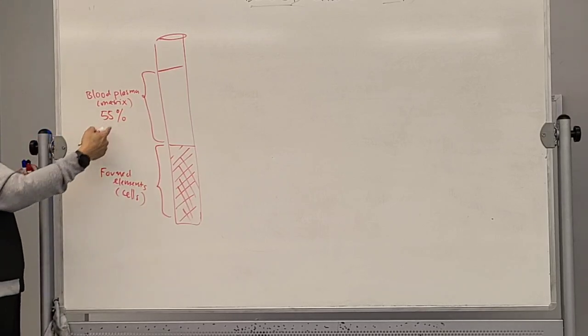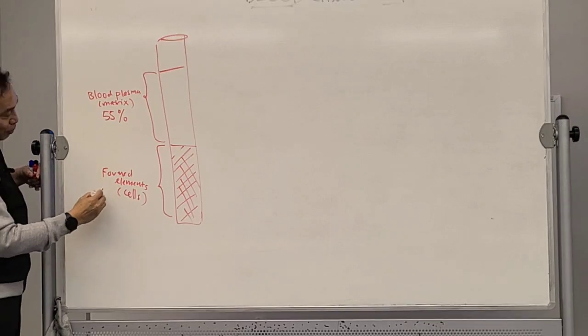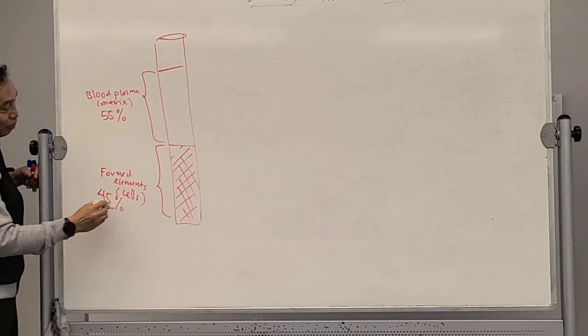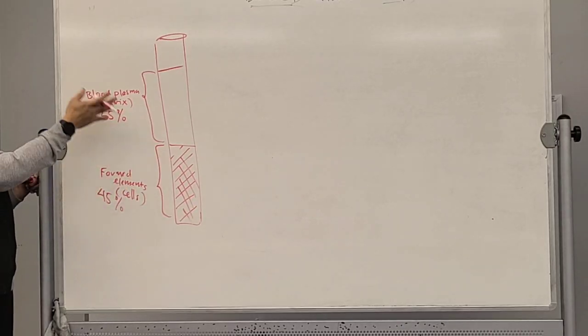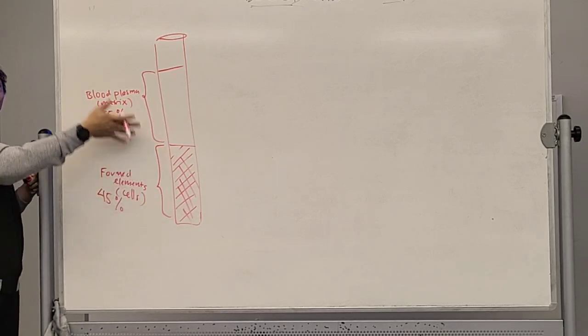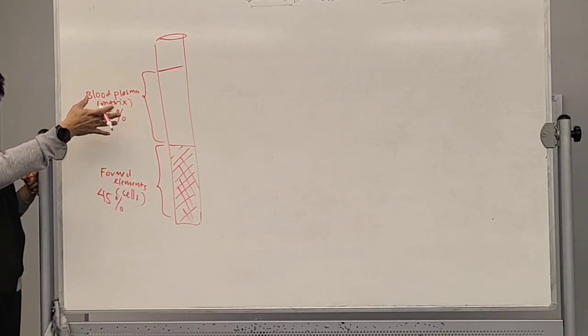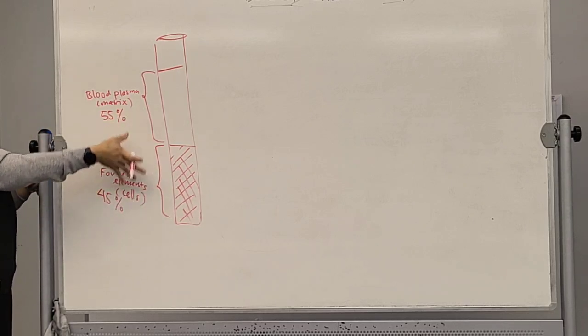If this one is 55, then the formed elements will be 45. So 45% formed elements. That's normal. So we can measure if you are healthy or not based on this ratio. You take your blood, put it in the centrifuge, and then calculate the percentage.